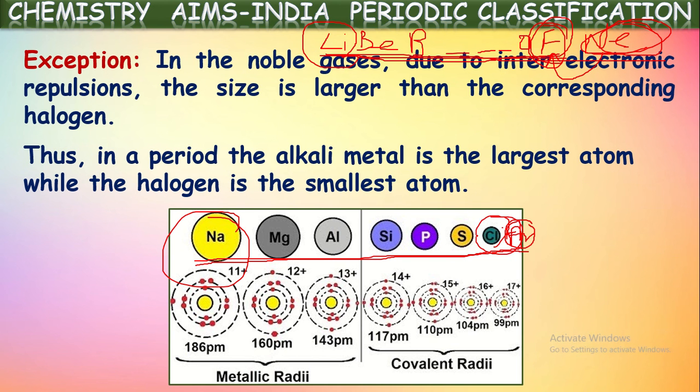Okay, in this way, in a period from left to right, atomic size or atomic radius decreases because of greater nuclear force of attraction on the outer electron cloud, and a little increase we can observe for noble gases, right?